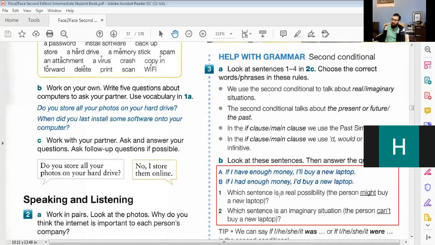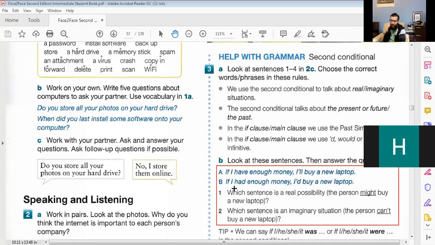There's a real possibility the person speaking in sentence A will or might buy the laptop. He just needs to get money. If I have enough money, I'll buy the laptop. So maybe there's a bigger chance of this person getting the money, having the money, and buying the laptop. It's realistic. It's a real possibility.